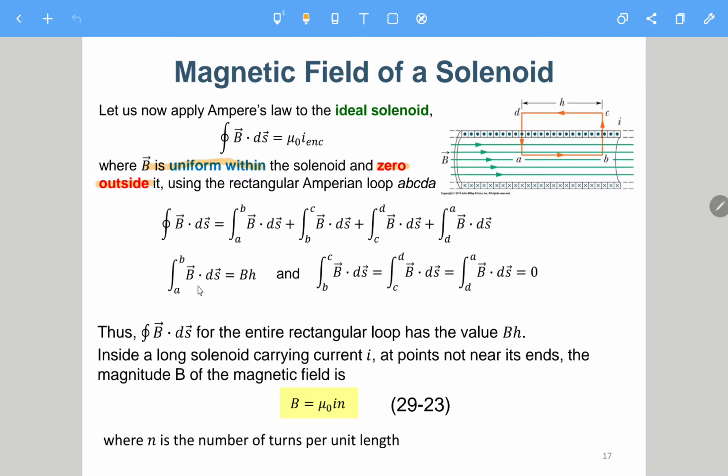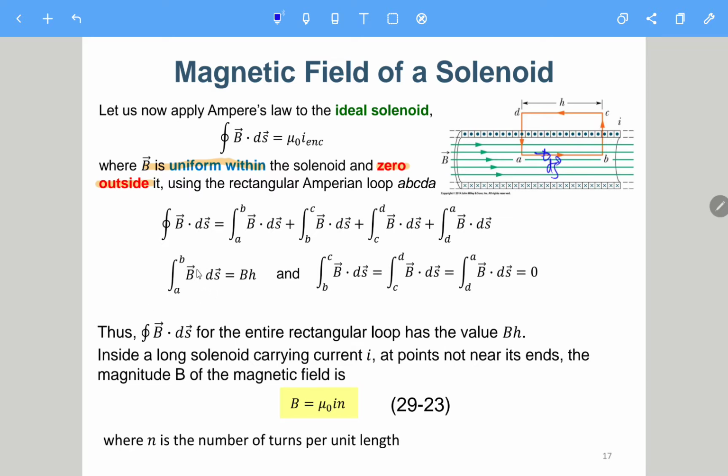After we make this assumption, only the line integral from A to B has a non-zero value, because we consider B is uniform here. For segment AB, ds points to the right side, and the B field also points to the right side. So B and ds for segment AB point in the same direction, which means B dot ds is nothing but B times ds.